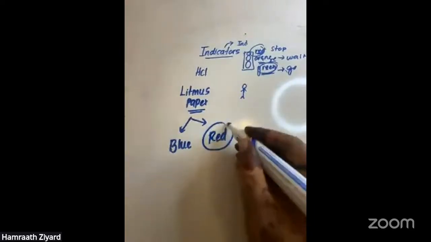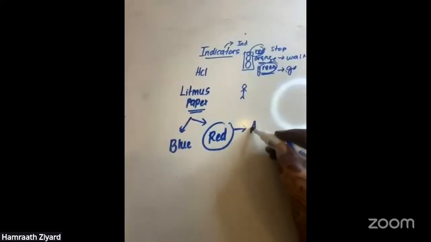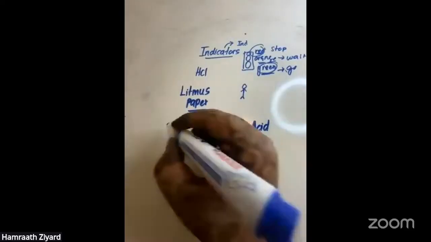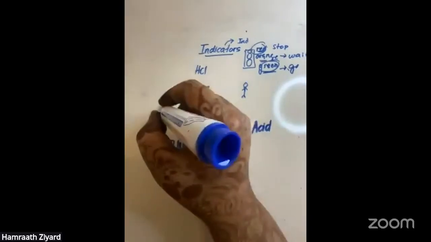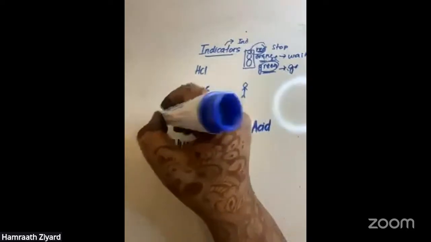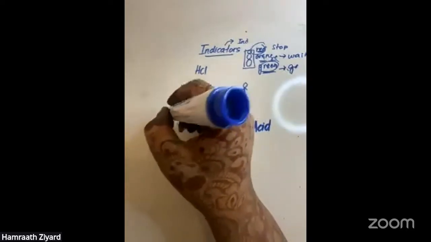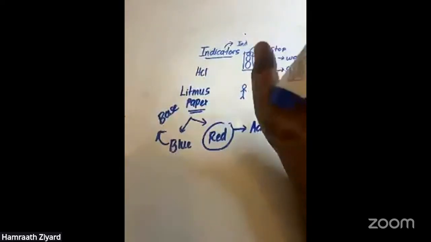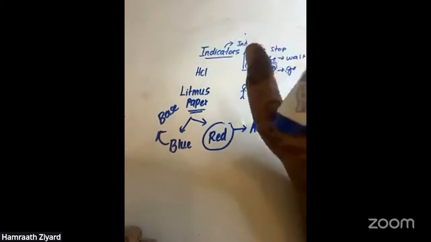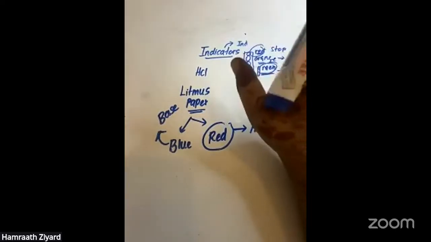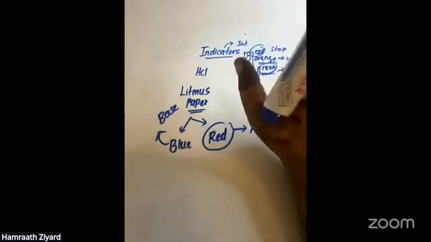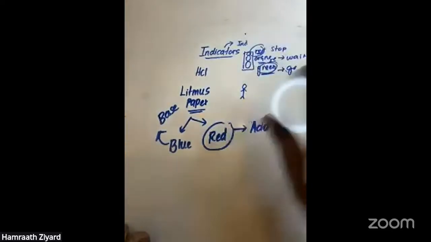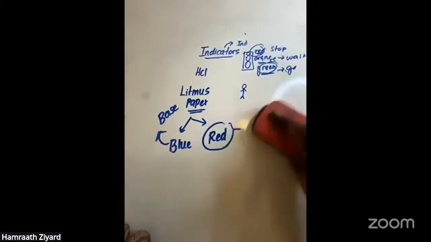Blue litmus paper is used to identify the acid, while the red litmus paper is used to identify the base. So you have to understand clearly. Now you have the substance, and we don't know what it is. Listen to me. This is something you have to understand.